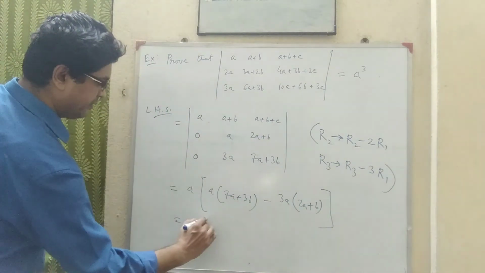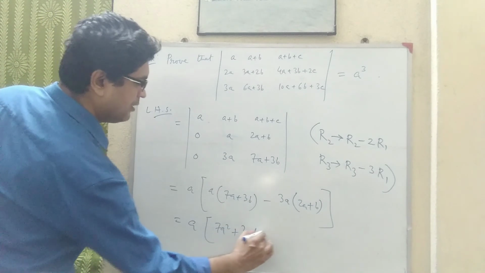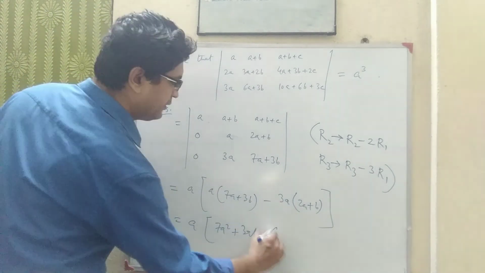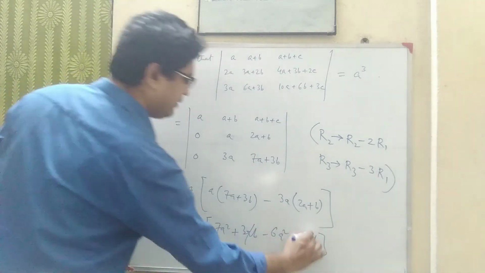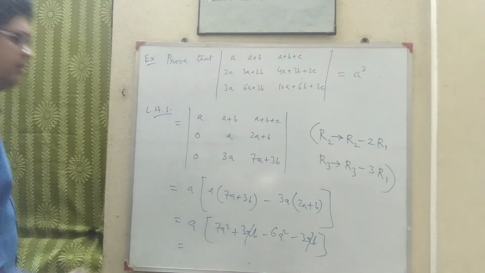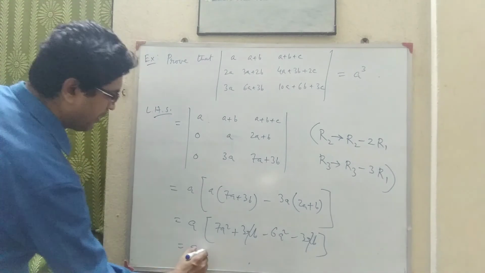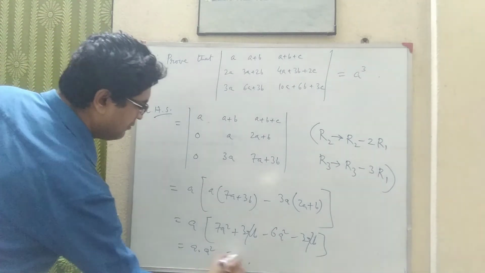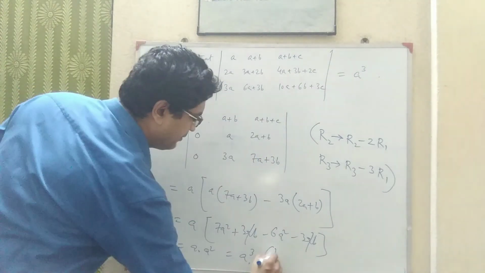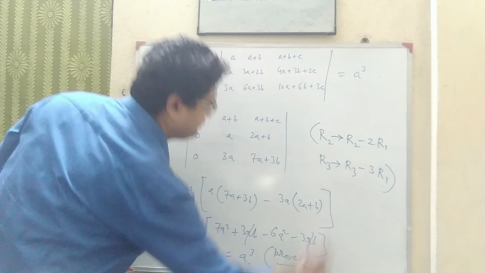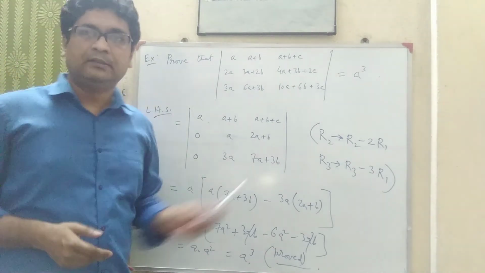After simplification, this will be 7a square plus 3ab minus 6a square minus 3ab. So 3ab minus 3ab will cancel out, and we have a into 7a square minus 6a square, that means a square. So the answer is a cube. Now a cube had to be proved, so we have proved LHS is equal to RHS. So hope you have understood this problem. Now let's see the next example.